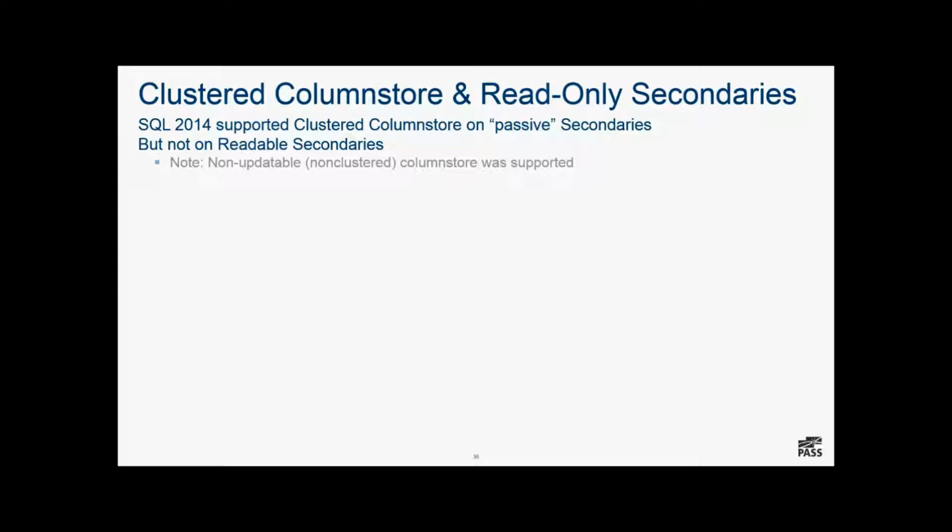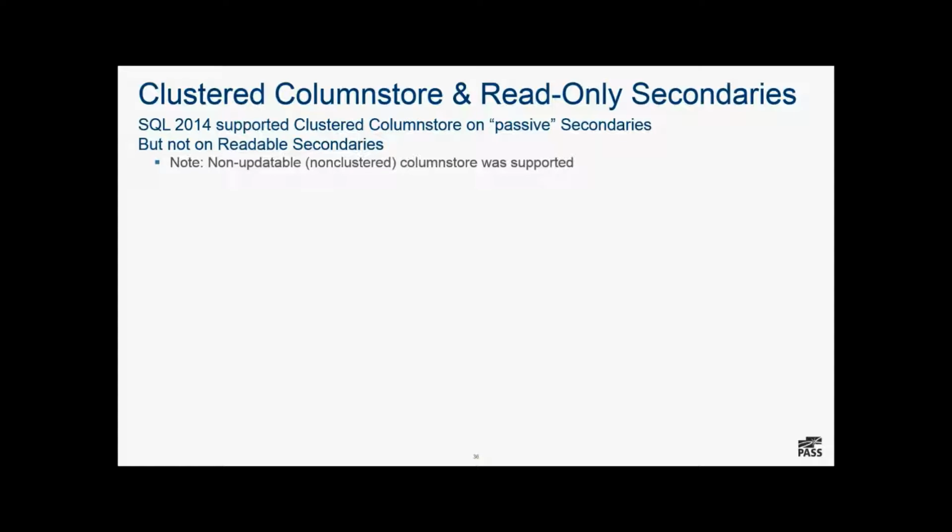Columnstore is the default index of choice for data warehouse and reporting type workloads. It's a game changer for many apps. So if you're not using columnstore for your DWs, your analytics, and other reporting workloads, consider doing so. Again, a game changer for many apps. But I digress. Thank you for indulging that digression.